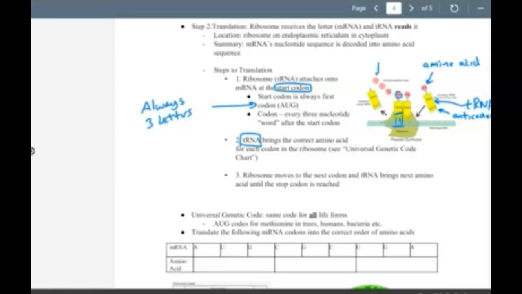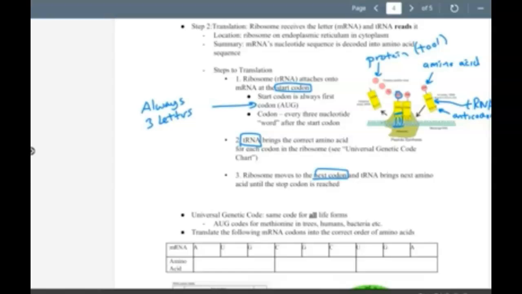And so we're forming bonds between these amino acids. We're making a protein. Remember, that's our tool. That's what's going to allow our cells to function. And so then the ribosome moves to the next codon and brings the next amino acid. So I think of this as kind of a repeat, right? Repeat step one, do step two, repeat step one, go to step two.